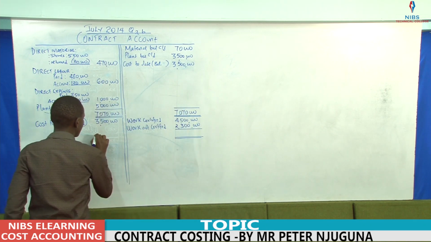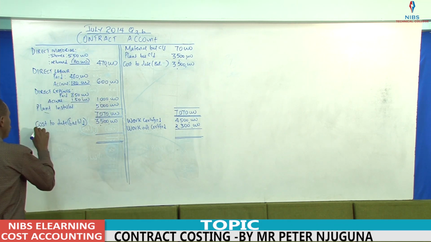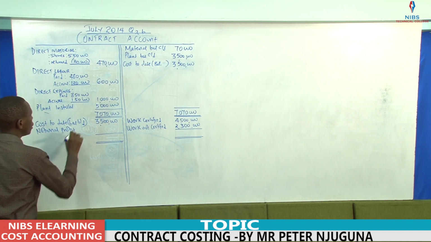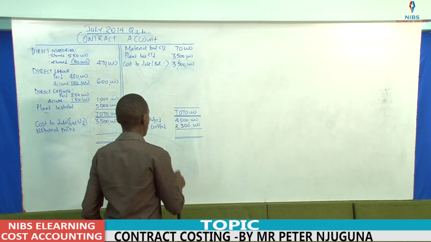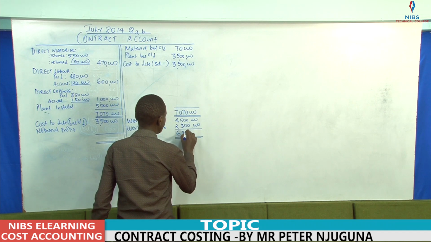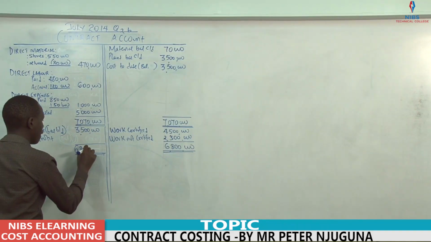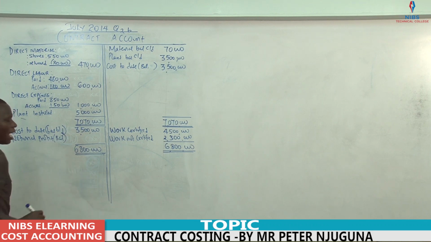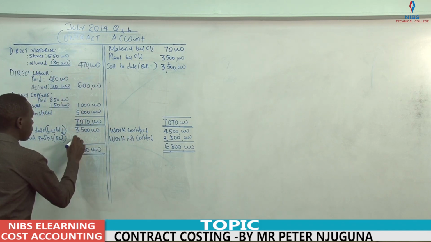Our balancing figure will be notional profit. Can you use your calculator to do that? This one will be 6.8 million. So what is the balance? The notional profit is 3.3 million.